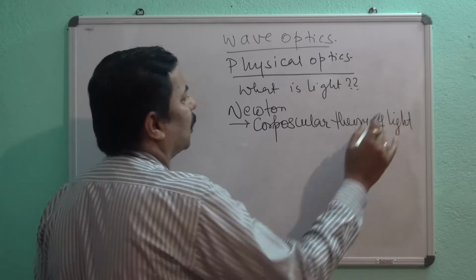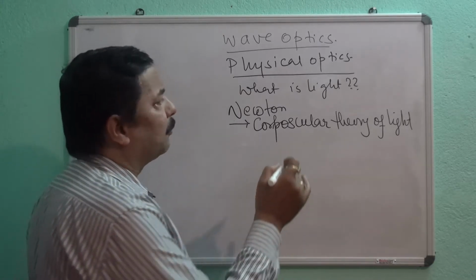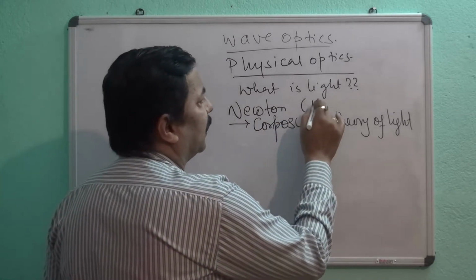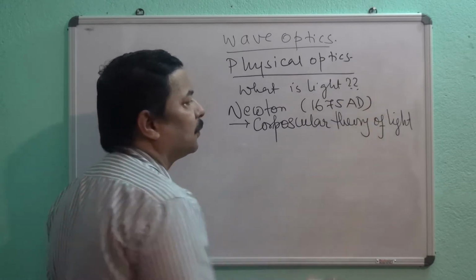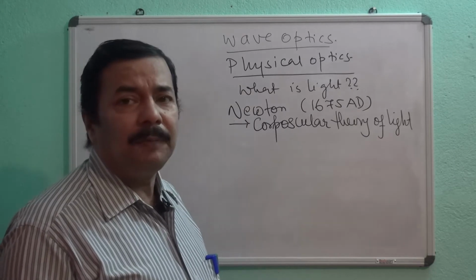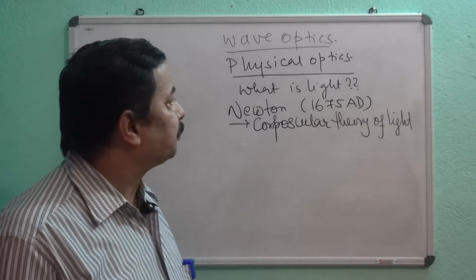Newton gave the corpuscular theory of light. Here the year also you will have to remember, that was in the year 1675 AD. This was the year, because the date will help you in understanding the development process in the proper way.